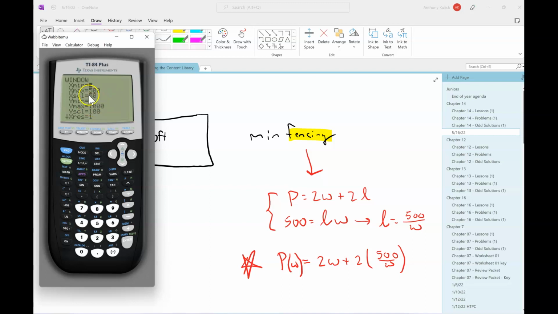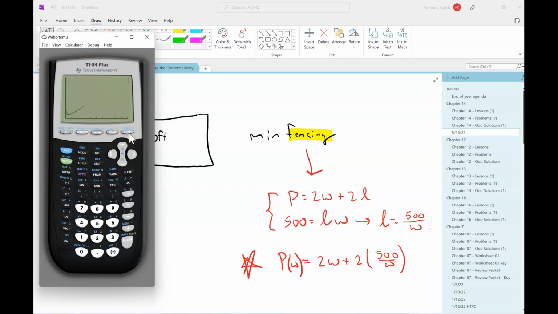And then the perimeter, again, 0 is the minimum amount of fencing. Now I know it's going to be bigger than 0. And if I did a 500 for width, the length would have to be 1, so the perimeter for that would be 1,002. So I just wrote 1,000 because I know it's not the answer.